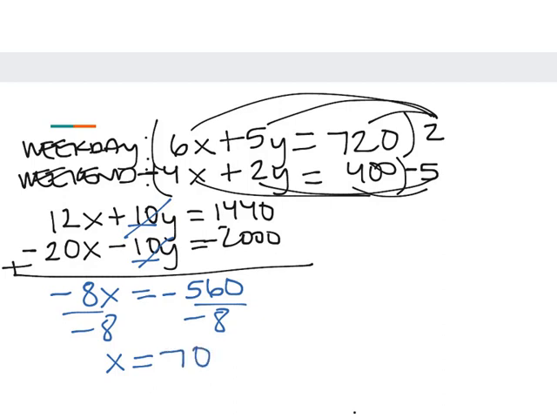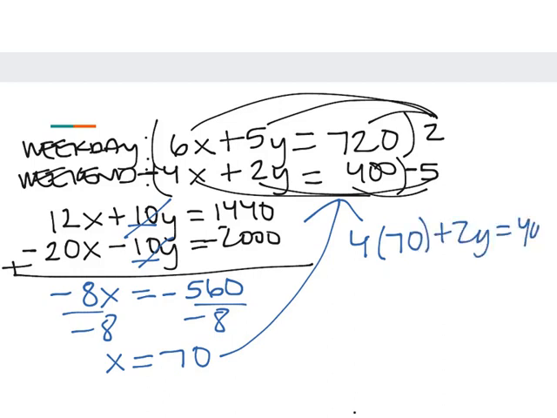Okay, so x is 70. Now I'm going to finish by substituting x equals 70 into one of my equations. I'm going to plug it into the second one. So I have 4 times 70 plus 2y equals 400. 70 times 4 is 280, plus 2y.